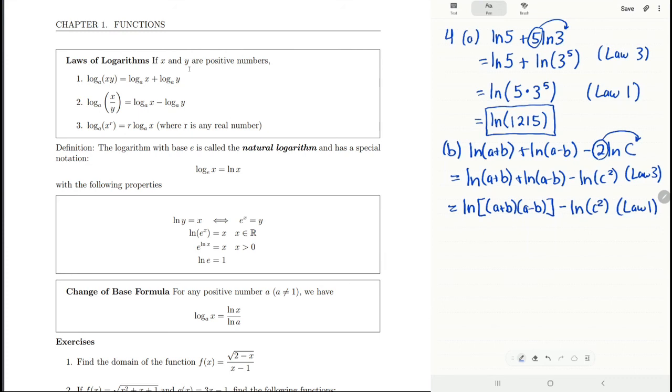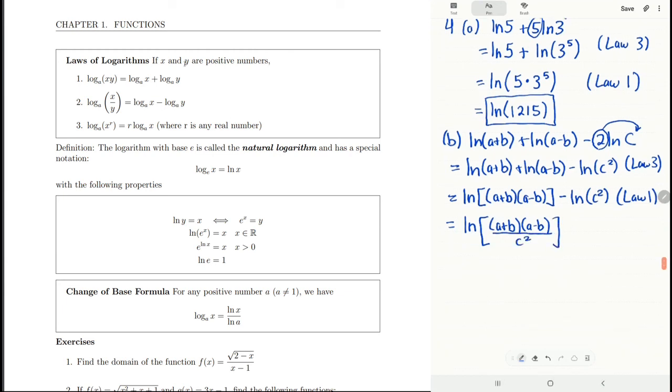And then we can use the second law to rewrite the difference of logarithms. So the natural log of a plus b times a minus b divided by c squared, and this is using the second law.